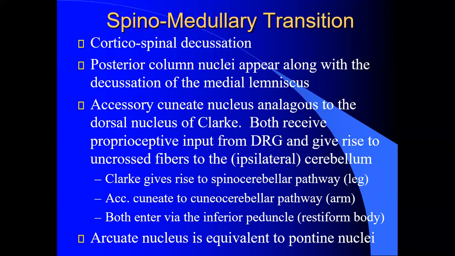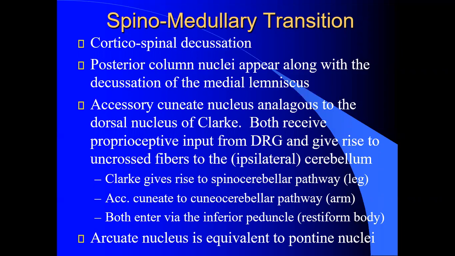At the spinomedullary transition, first of all, what do we see? You're going to see the corticospinal decussation. You're going to see the posterior columns and their nuclei, which are going to then be associated with the decussation of the medial lemniscus.